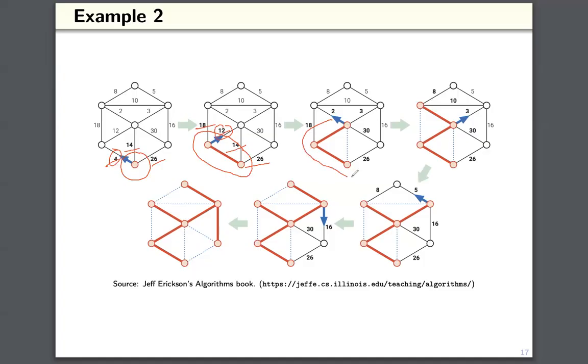Now our evolving tree is like this. Now consider all the edges that are going from the tree to outside the tree. 18, 2, 3, 30, 26. What is the shortest? 2. Let's pick 2. So this is our tree.